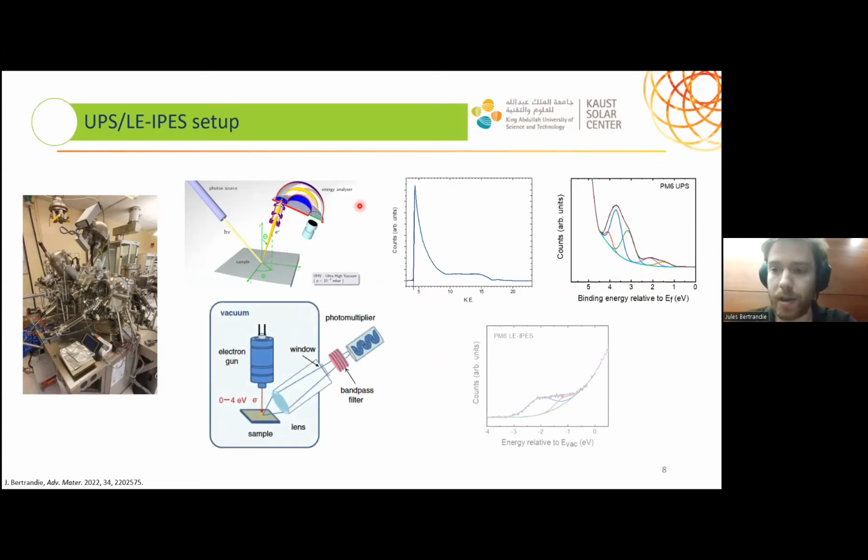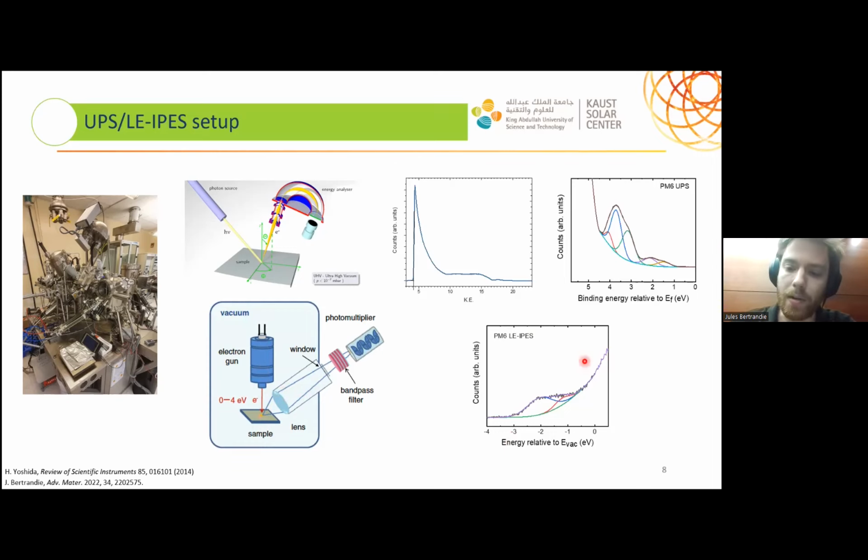Now, for the electron affinity, more commonly named LUMO, we use low energy IPES, so low energy inverse photoelectron spectroscopy, where we send electrons to our sample and gather photons.